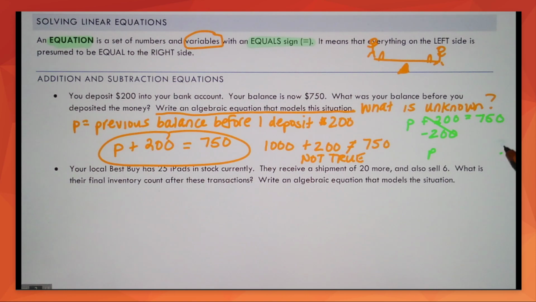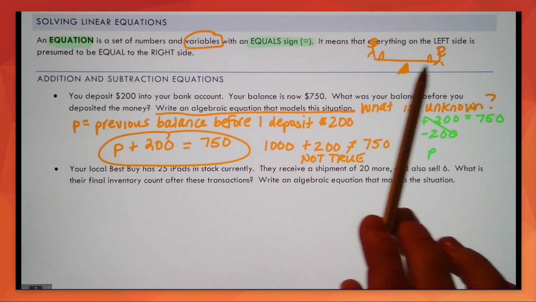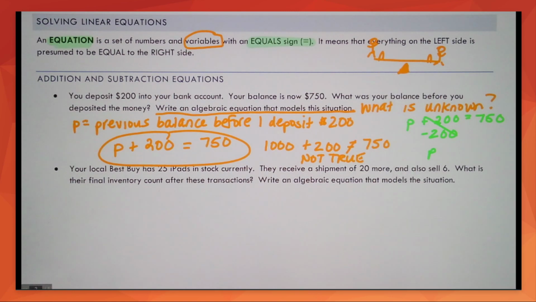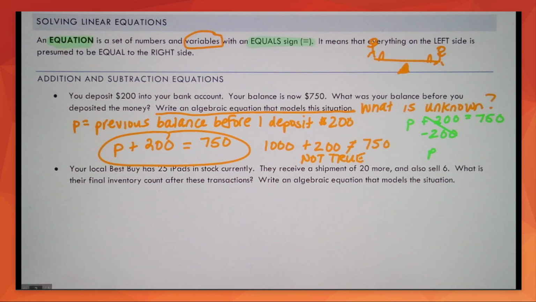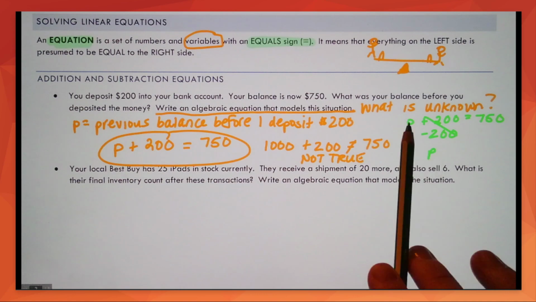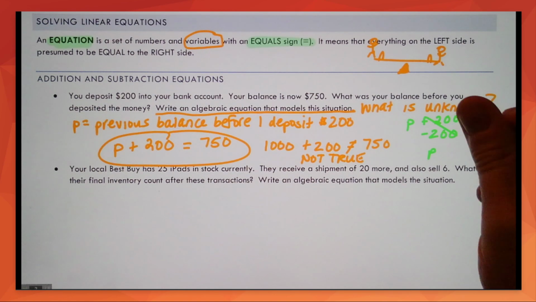It cannot, because a fundamental truth about equations is that, just like on that balance beam or the seesaw, if two things are equal, if I do something to one side, I also have to do the same exact thing to the other side.